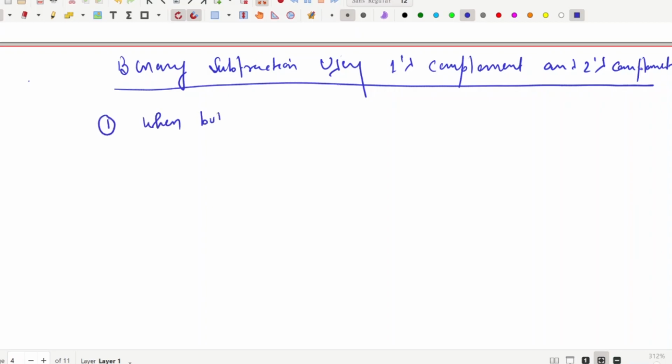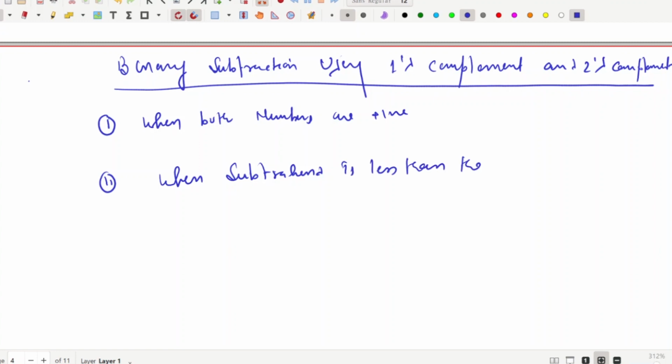Second scenario, when the subtrahend is less than the minuend. Third is when the subtrahend is greater than the minuend.